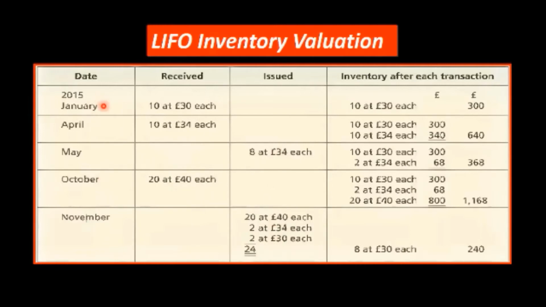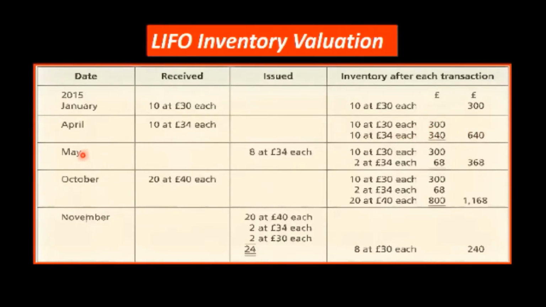On January 15th, we buy 10 at 30 and we get 300. On April, we buy another 10 at 34. So now we have this 10 here and this 10 here. So we have 20 in all, but 10 of them are $30 each and 10 at 34. We add them together, we get 640.